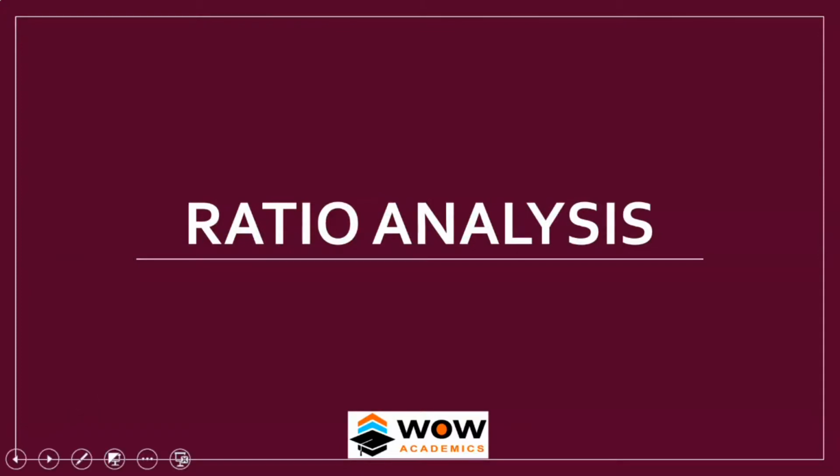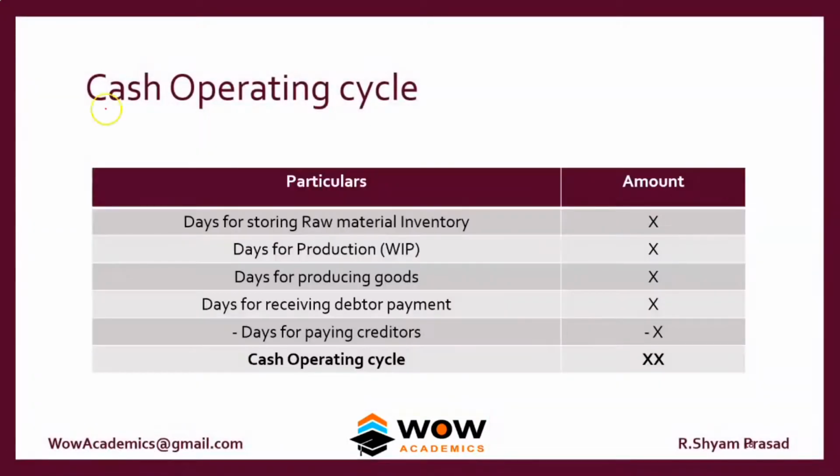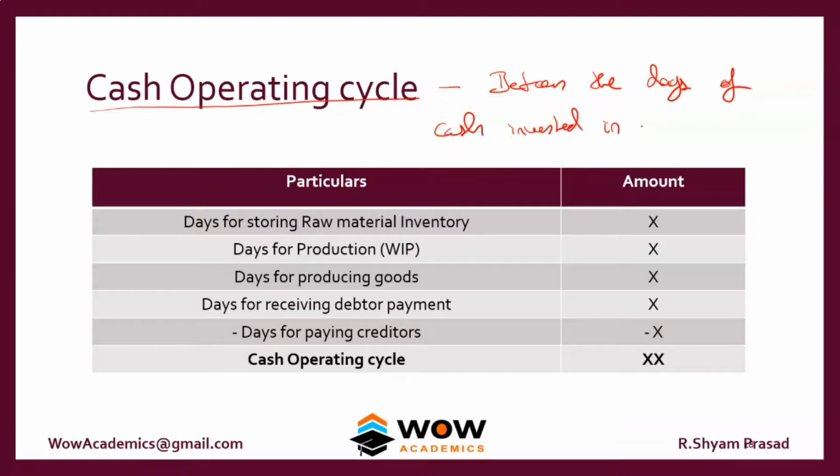So here we look at the ratio. We'll start with the cash operating cycle. So what is the cash operating cycle? Cash operating cycle is the difference between the days of cash invested in current asset and the cash received from current asset.